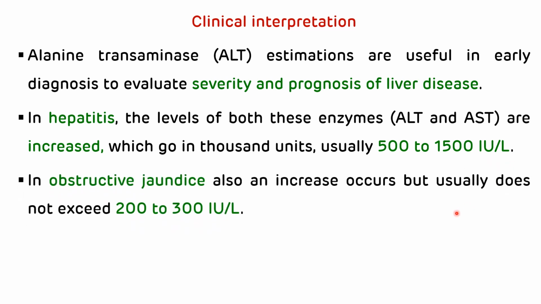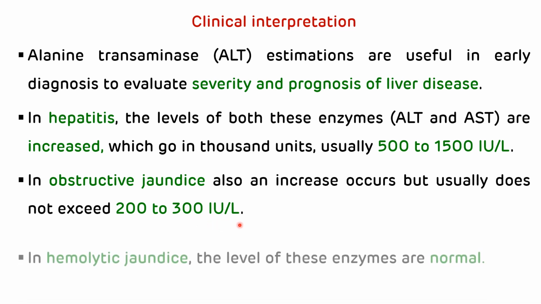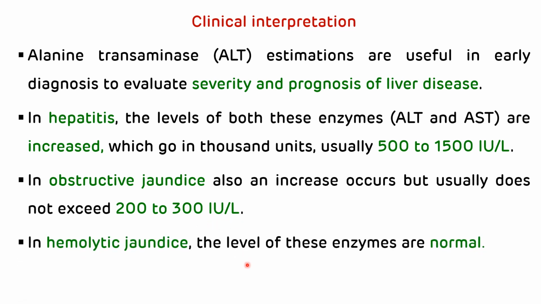In obstructive jaundice, the increase occurs but usually doesn't go beyond 300 international units per liter. And in hemolytic jaundice, the levels of AST and ALT are normal.